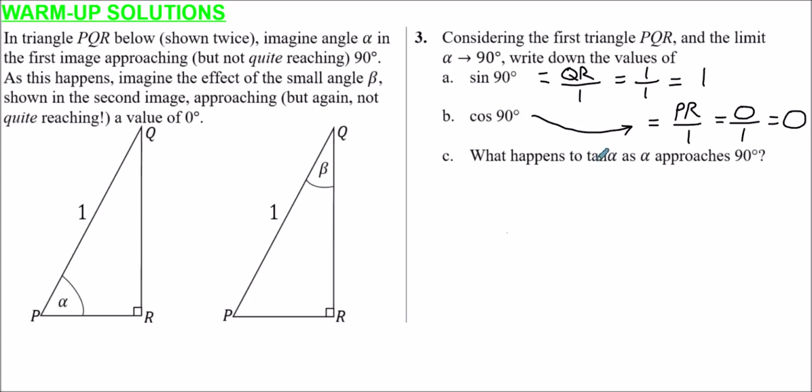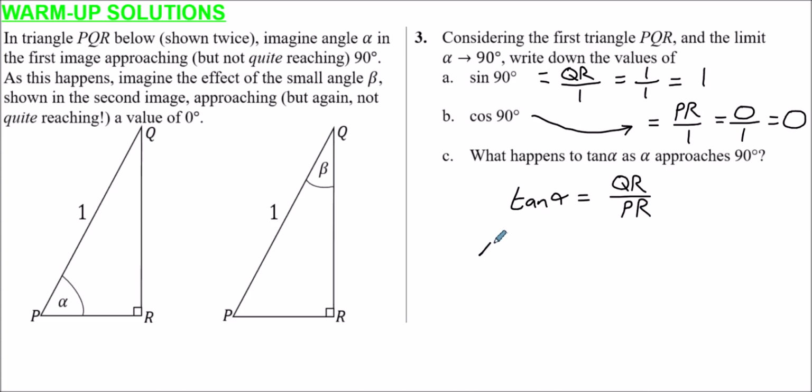What happens to tan alpha though, as alpha itself approaches 90 degrees? Well, tan is always going to be the opposite side, which is QR, divided by the adjacent, which is PR.